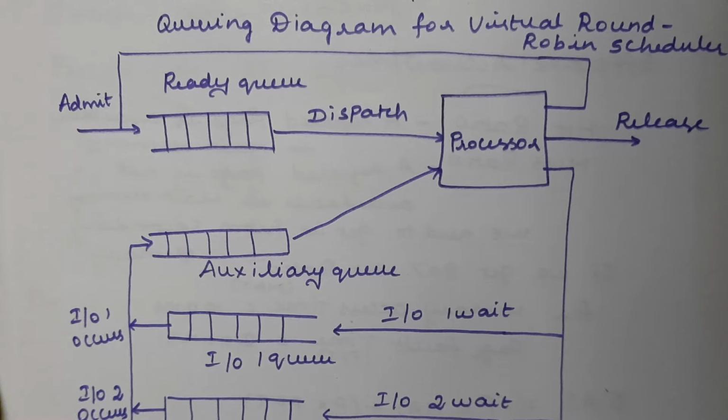If it exceeds the time limit, then the process must be preempted from the CPU. This is the concept of round robin. Whichever process is preempted from the CPU should be kept again in the ready queue, at the tail end of the ready queue.